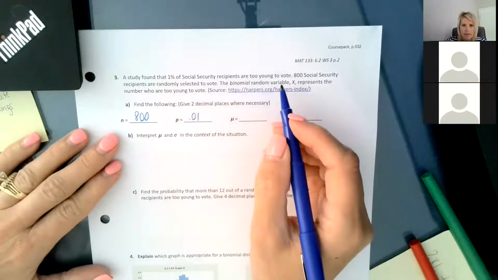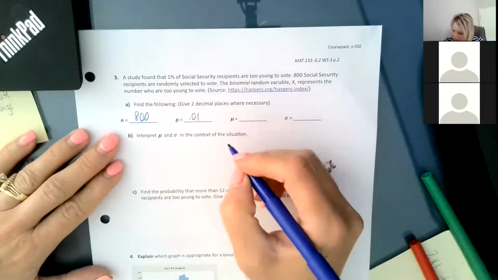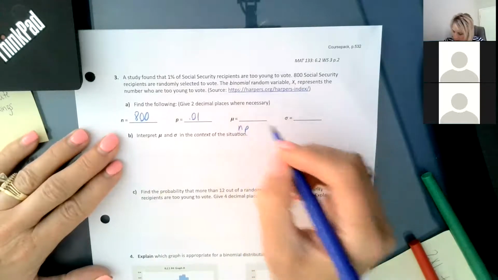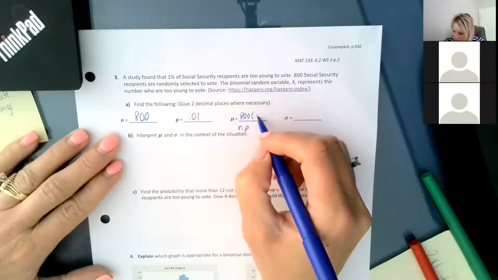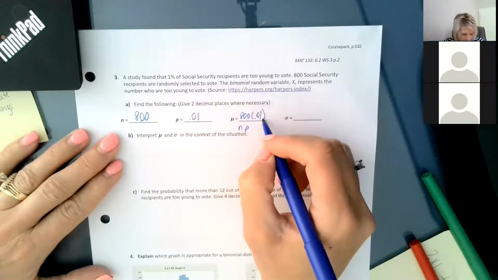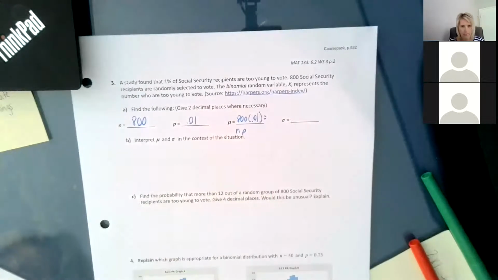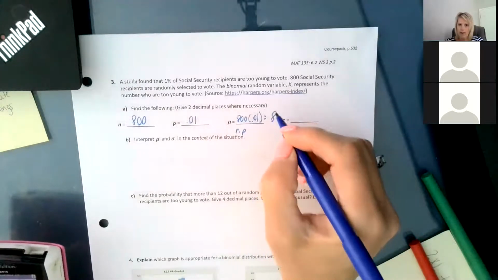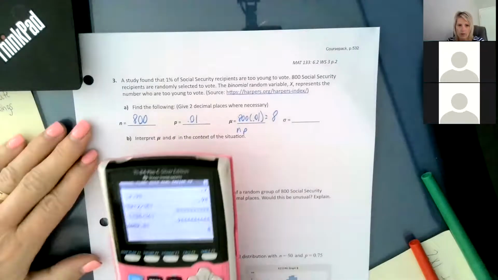And for the mean, the mean is N times P, so that's going to be 800 times 0.01, which is equal to 8. So on average, we're expecting 8 of these 800 to be too young to vote.